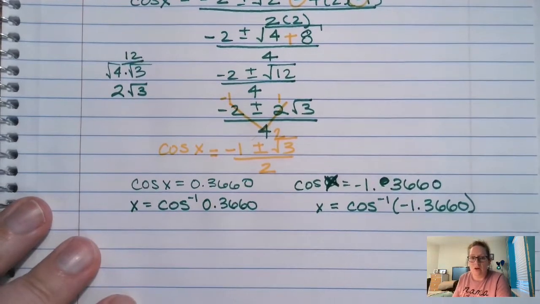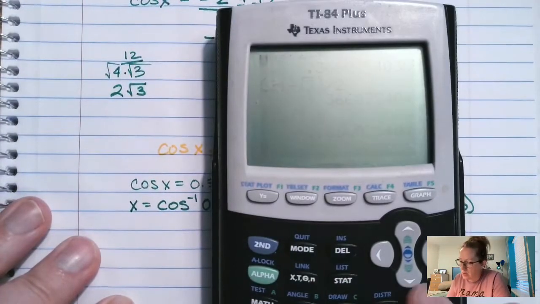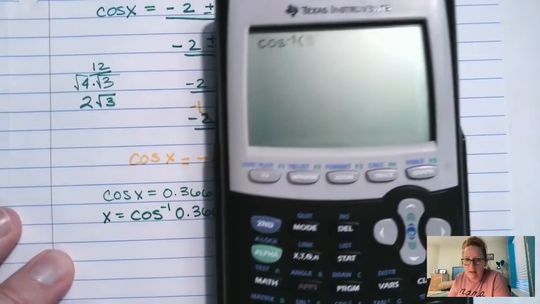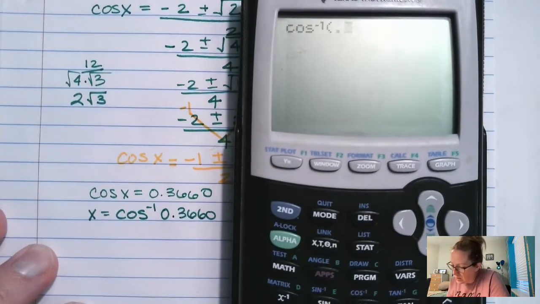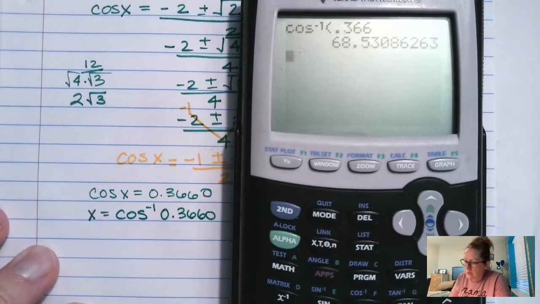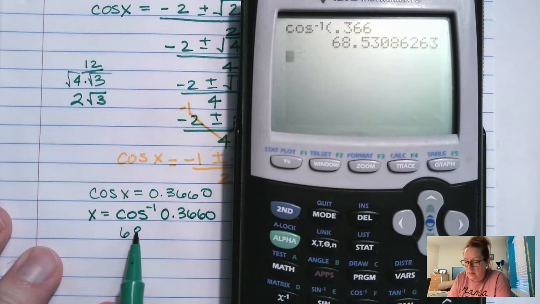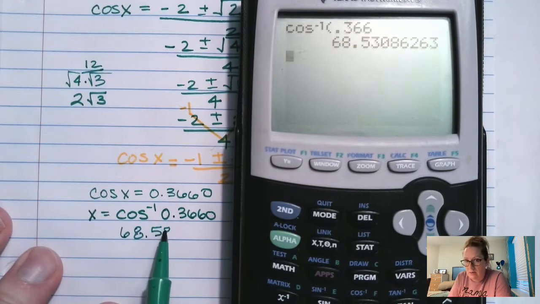Okay, so on our calculator, we're going to do cos inverse, so second cos, and then we have the 0.366 value. So we get 68.5309.